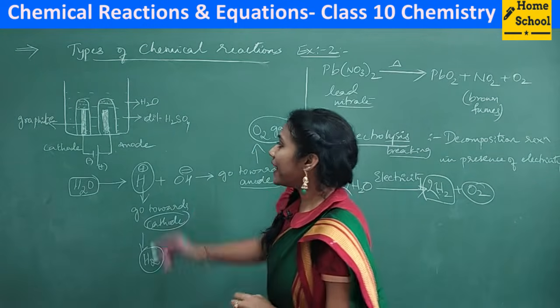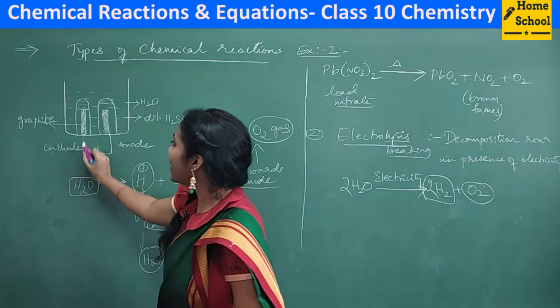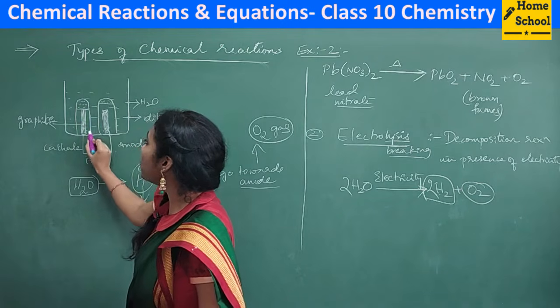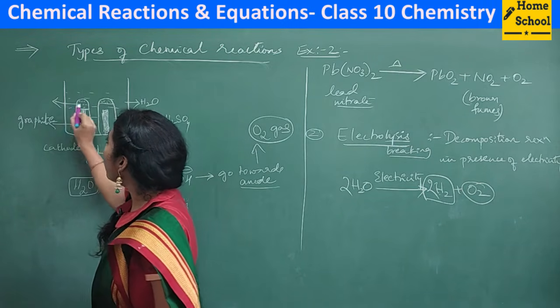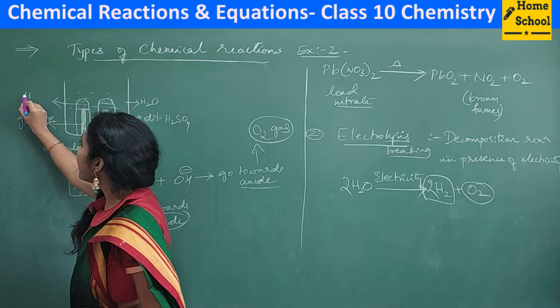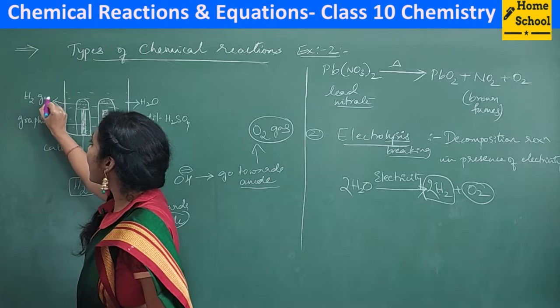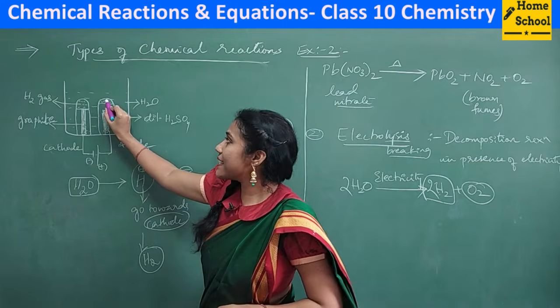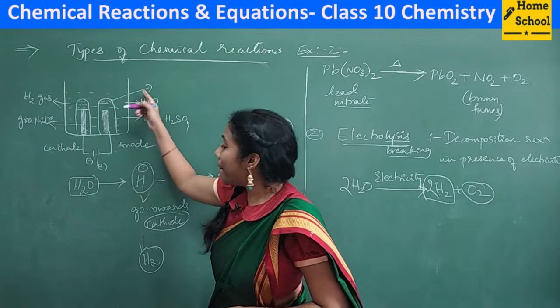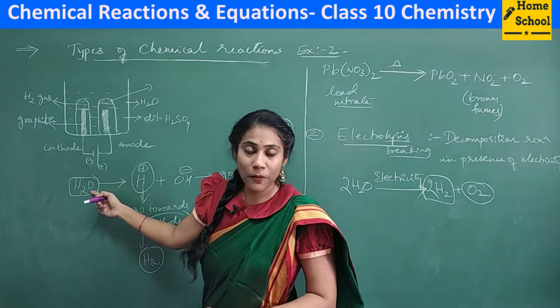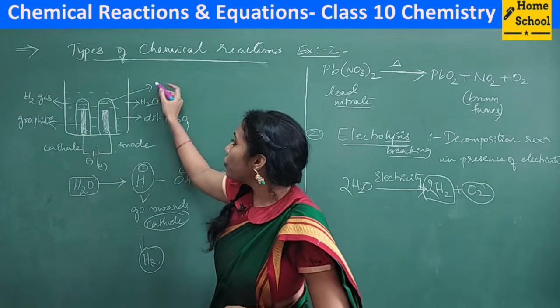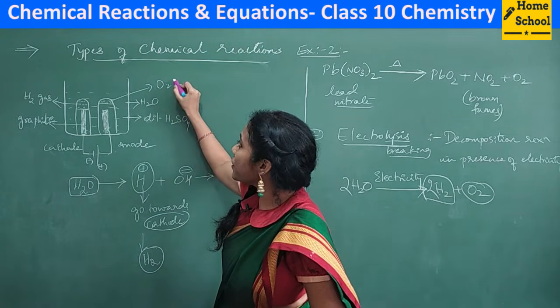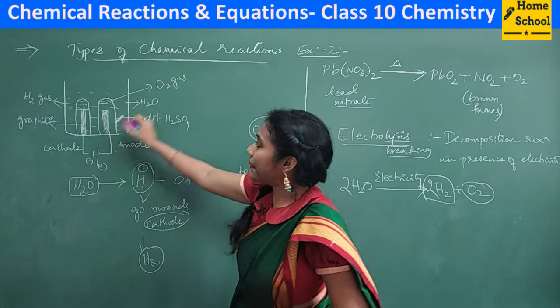So that is the reason in the cathode side, in the test tube you kept, more gas is collected. This is actually hydrogen gas. And on the anode side, oxygen gas is collected, and since the oxygen amount itself is less in the formula of water, less oxygen gas will get collected.